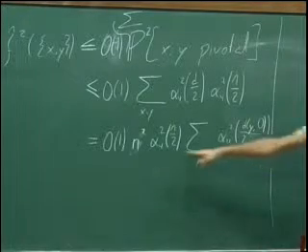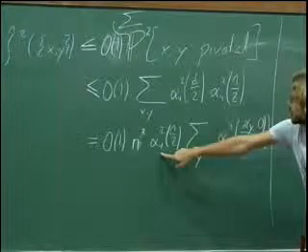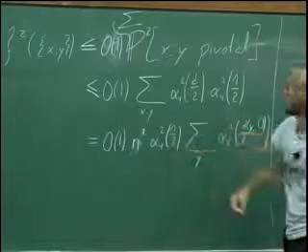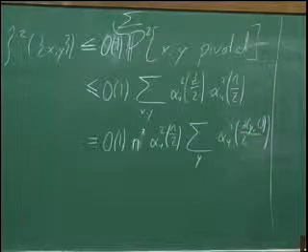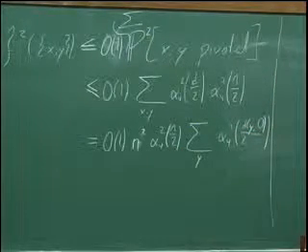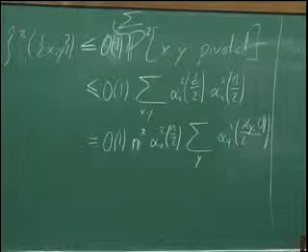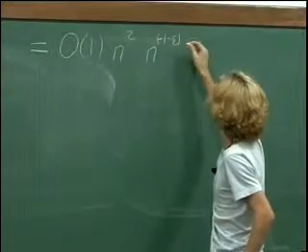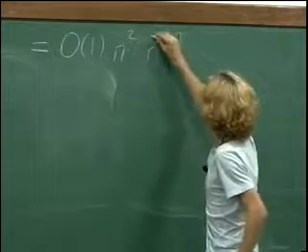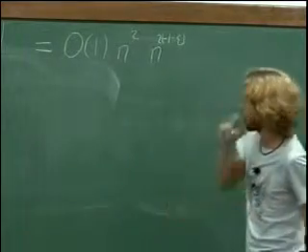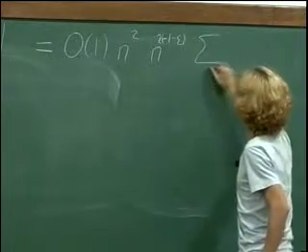So recall that this guy is, we know that that's n to the minus 1 minus epsilon for some positive epsilon. And we square. And then we sum over all y.